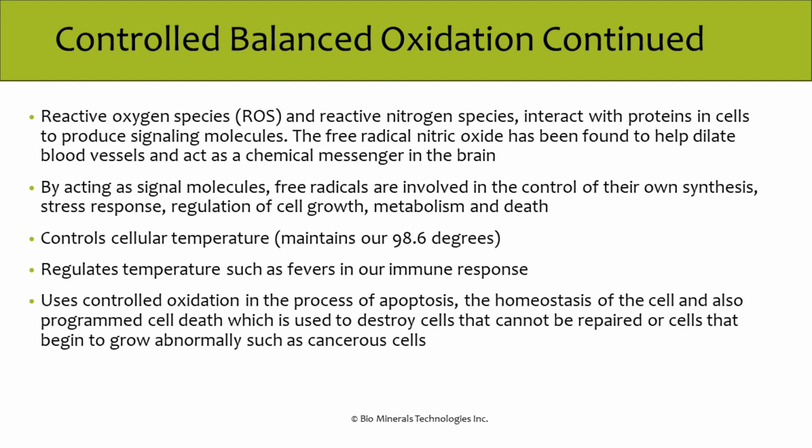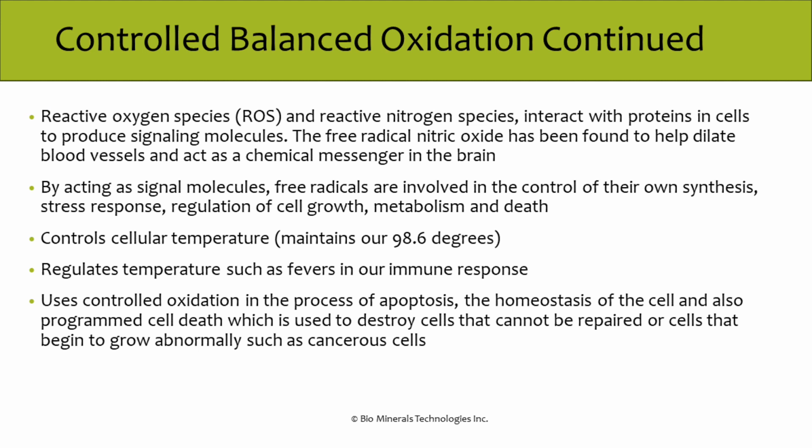Reactive oxygen species and reactive nitrogen species interact with proteins in cells to produce signaling molecules. The free radical nitric oxide has been found to help dilate blood vessels and act as a chemical messenger in the brain.